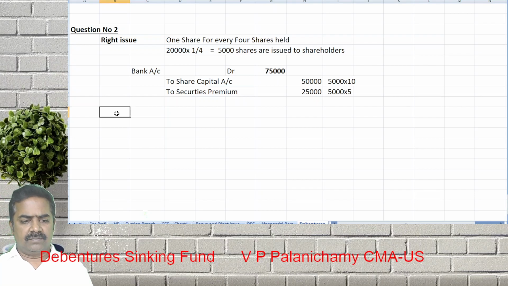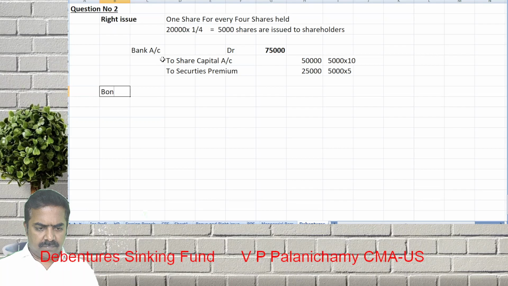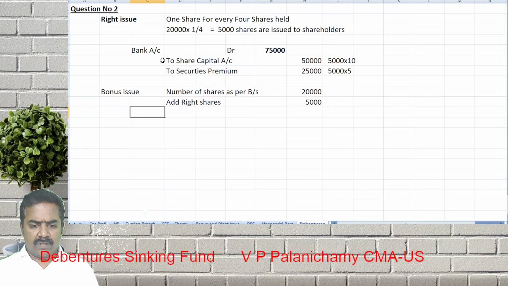Then what should we do? Bonus issue. Wait. How many shares are there already? Number of shares as per balance sheet, how many are there? 20,000 are there. Add the right shares we have issued. How many right shares have we issued? 5,000. Now how many total shares are there? 25,000 shares are there.